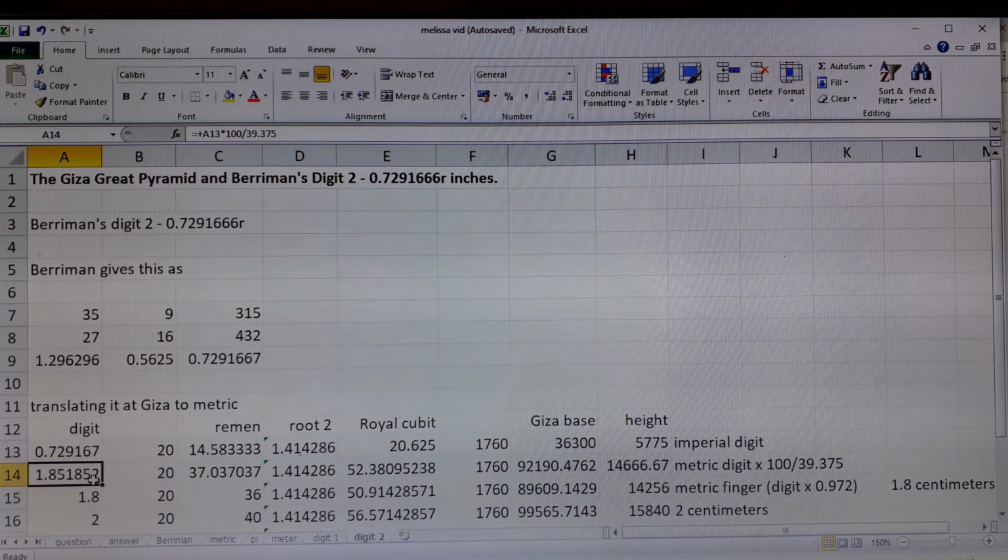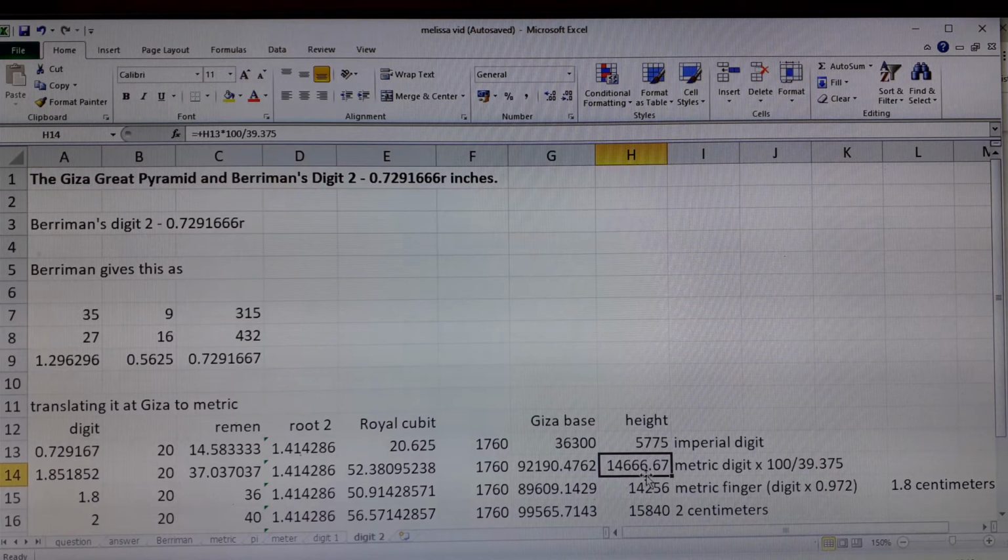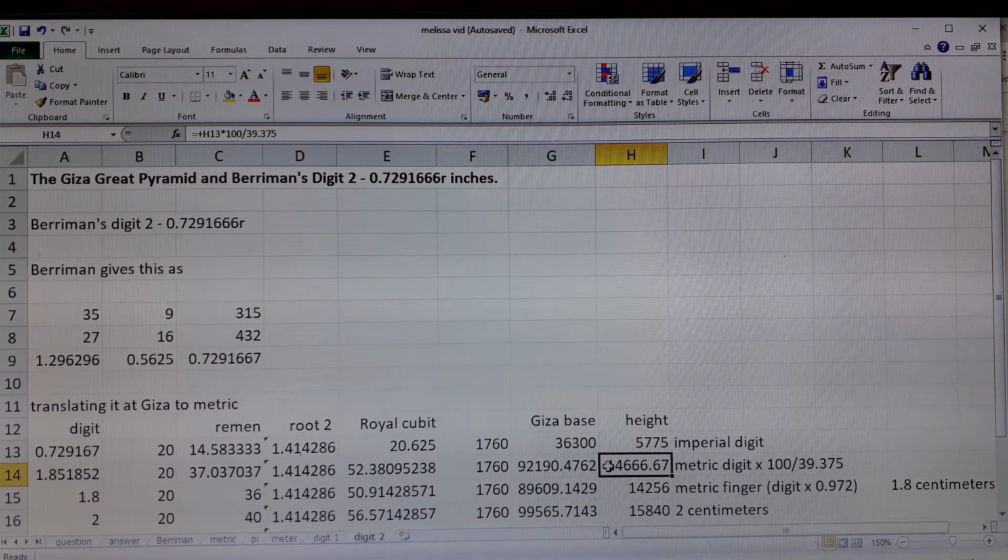And this, when we multiply it out, is giving a Giza height as 14666.666 centimetres, which is the equivalent of 5775 imperial inches, as we've seen with the zapal. And that is obviously a very significant number for the height of the Giza pyramid, because it's based on the eclipse unit.